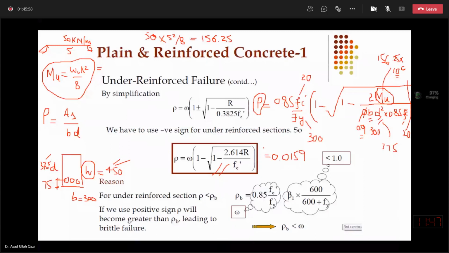Now, if I am confident that I have not made any mistake in calculating this reinforcement ratio, it is very close to 1.6%, right? And just a few minutes ago, we estimated the rho max of the cross section with the material grades 20 and 300, and you mentioned rho max 1.8%.